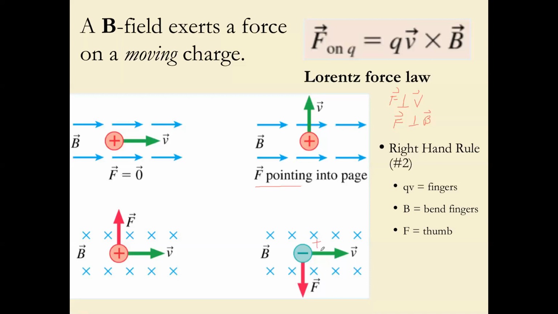For a positive charge that moves to the right and the magnetic field is into the page, as in here, the force was upward, right? So since this is a negative charge, we will take the reverse of this direction, which means that it will be downward.